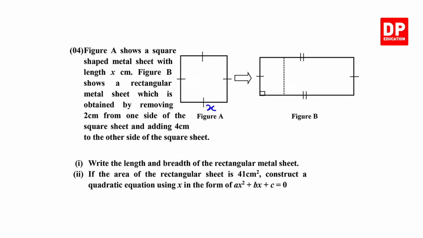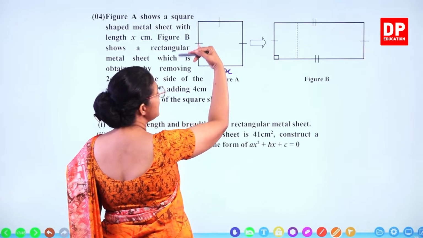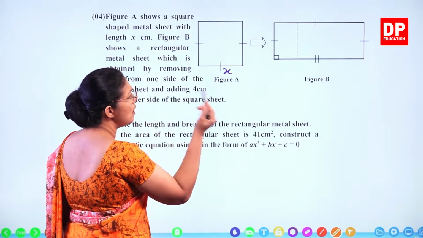Figure B shows a rectangular metal sheet which is obtained by removing 2 centimeters from one side of the figure A and of the square sheet and adding 4 centimeters to the other side of the square sheet. So subtracting 2 means x minus 2 becomes the new width.